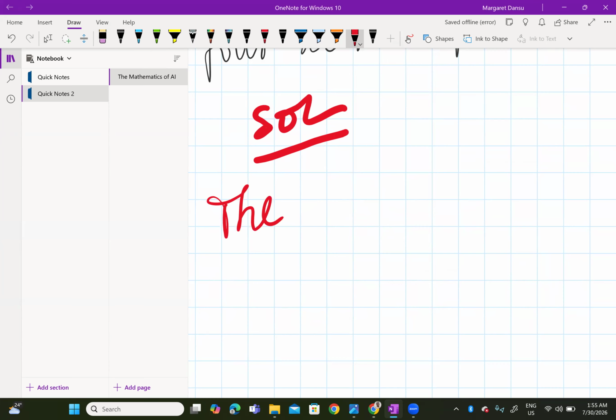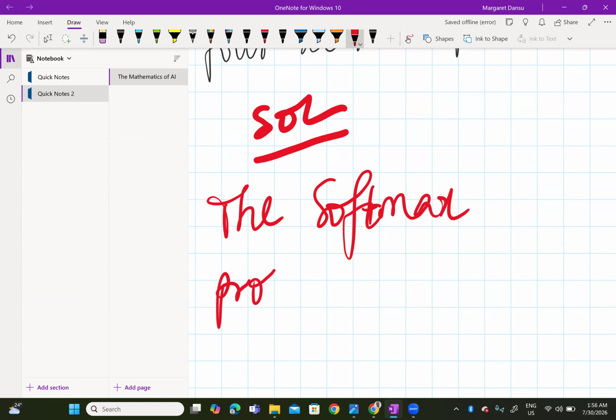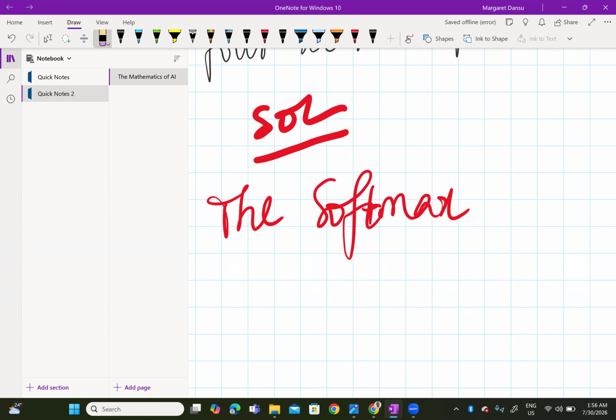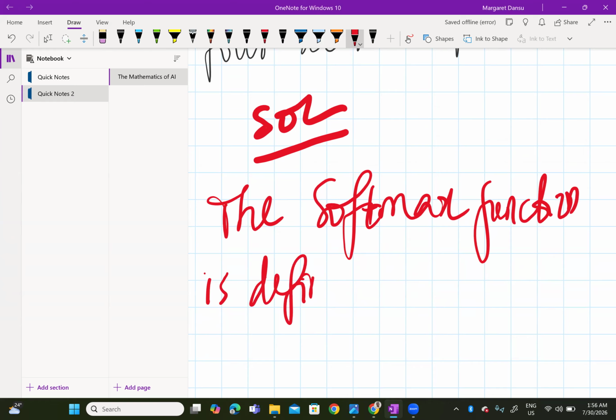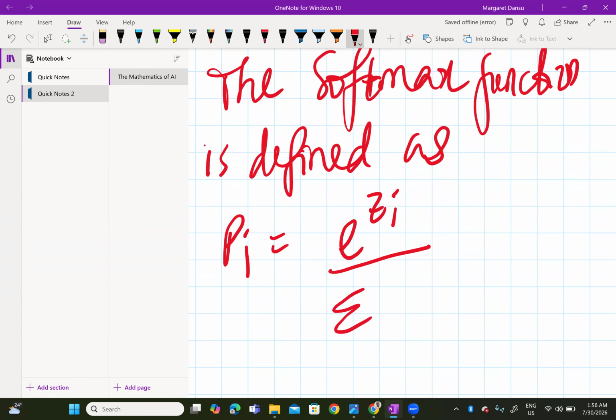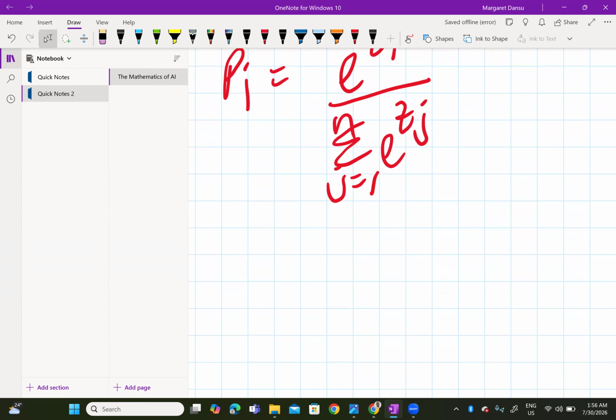The softmax function is defined as P sub i equals e raised to the power zi all over the summation from j equals 1 to n of e raised to the power zj.